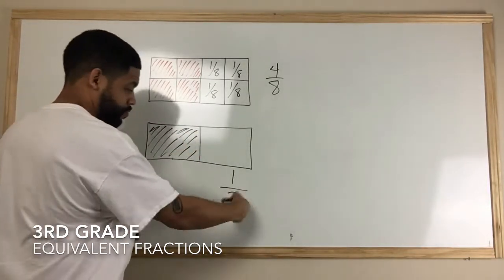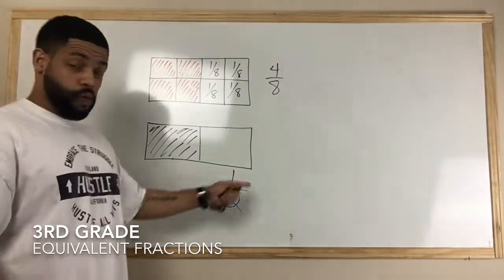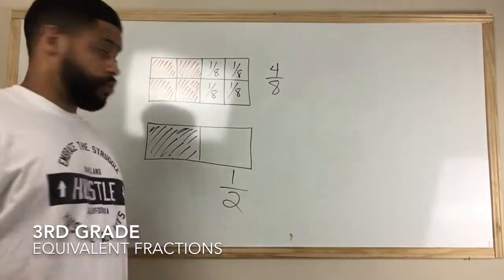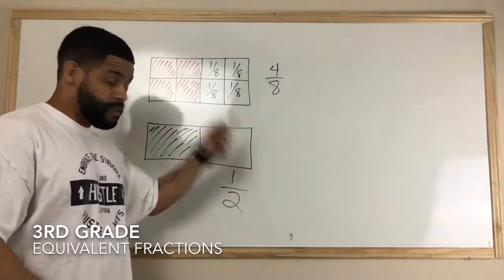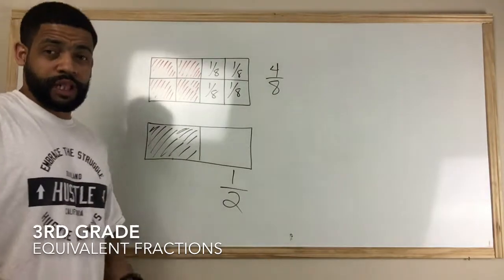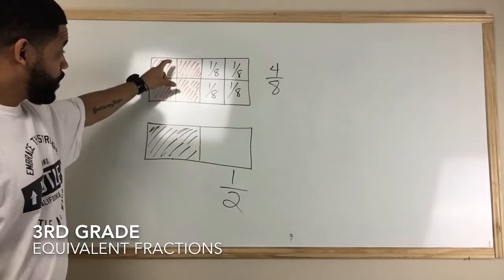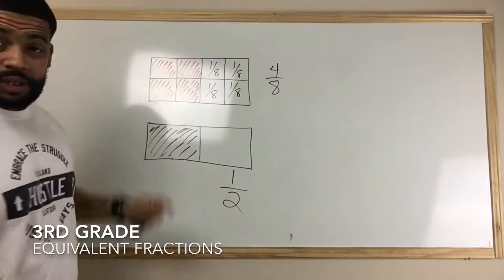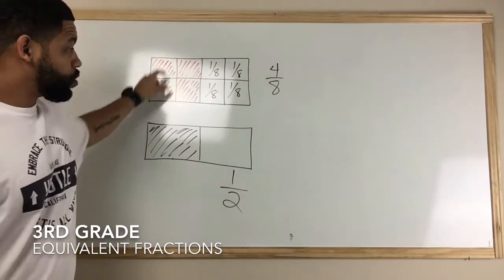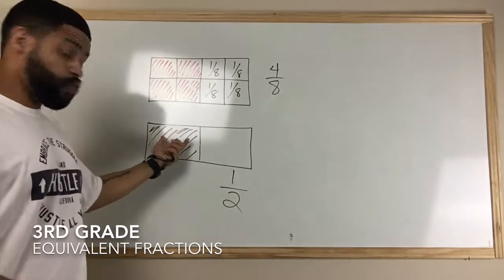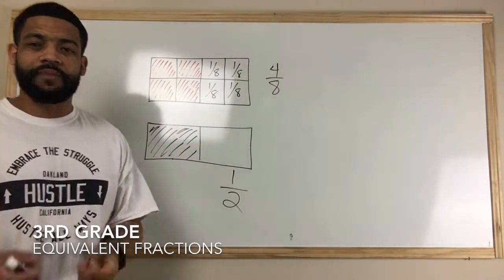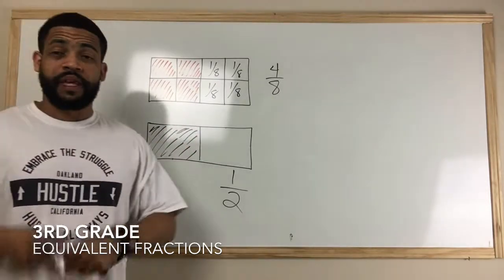Notice I have 2 total pieces and 1 part of the 2 shaded in. Notice that the same amount shaded in black is shaded in red. The only difference is these are 4 smaller pieces and this is 1 larger piece. They have the same value, okay?